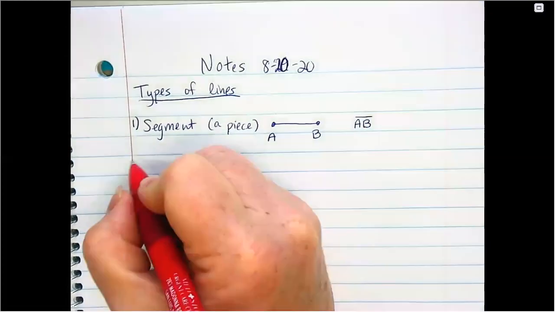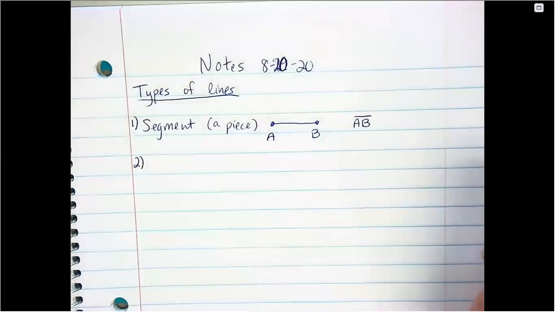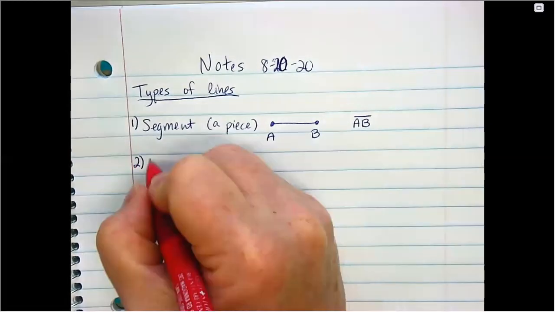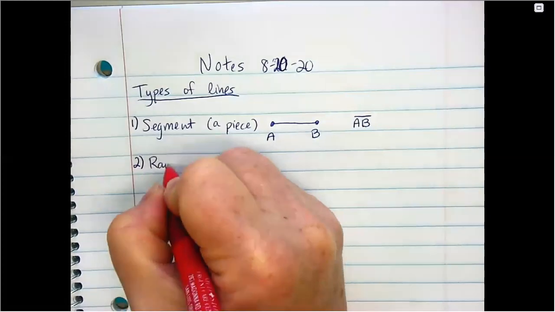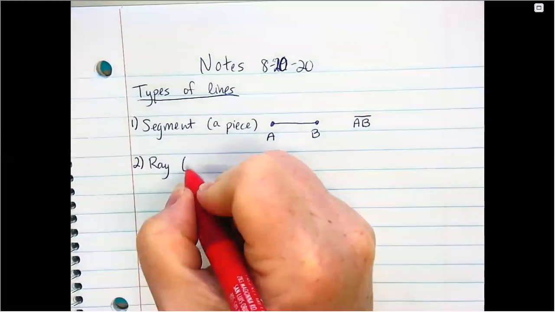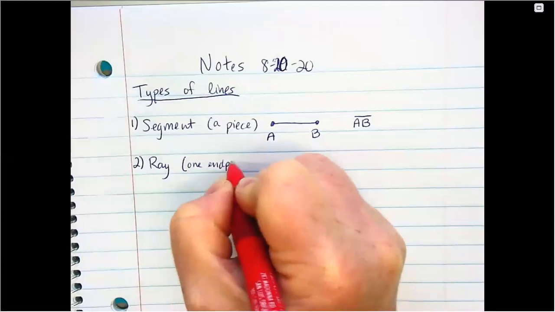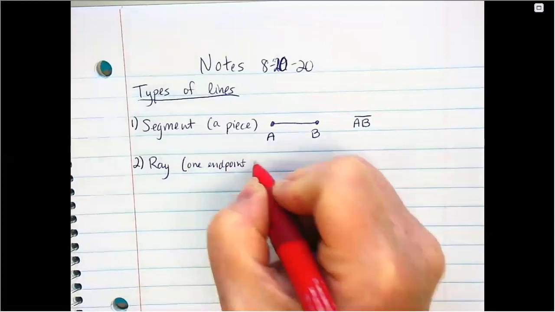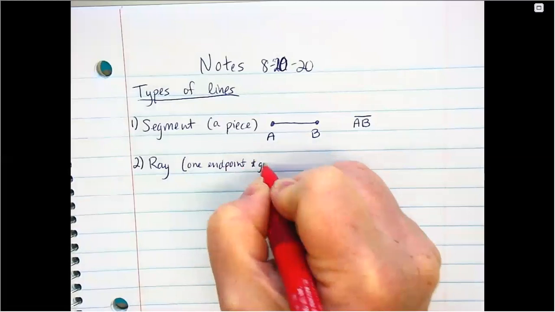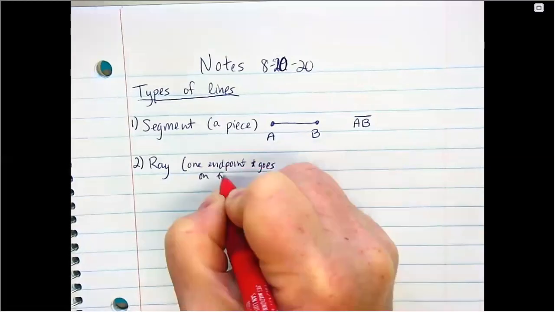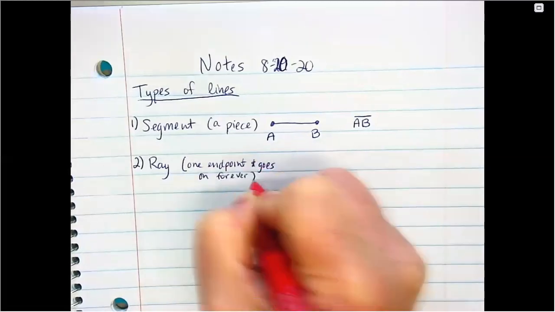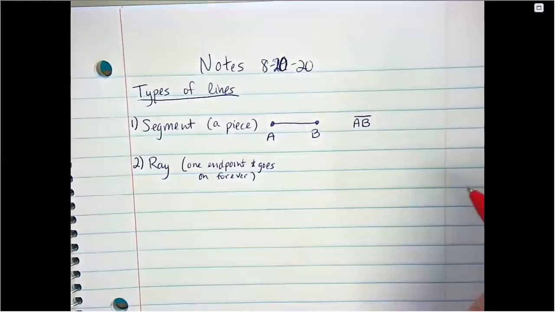Okay, the second line is a ray. This line has one endpoint and goes on forever. And if you'll remember, we indicate going on forever with an arrow.